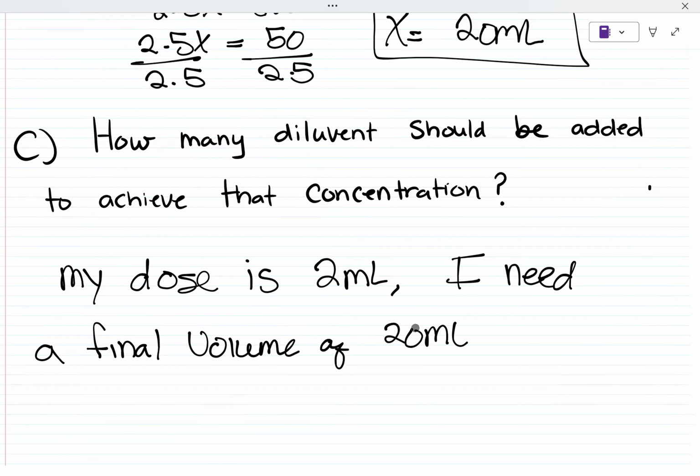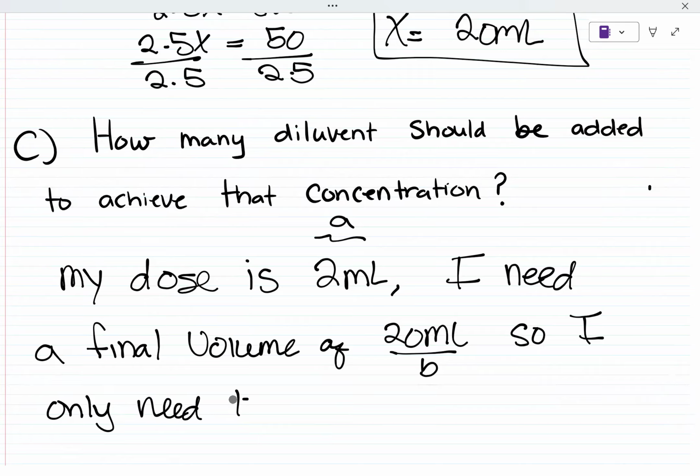That 20 milliliters is the answer from part B, and 2 milliliters was the answer from part A. So how much did you go from 2 to 20? That means you need to add. So I only need 18 milliliters. Okay, that's my answer.